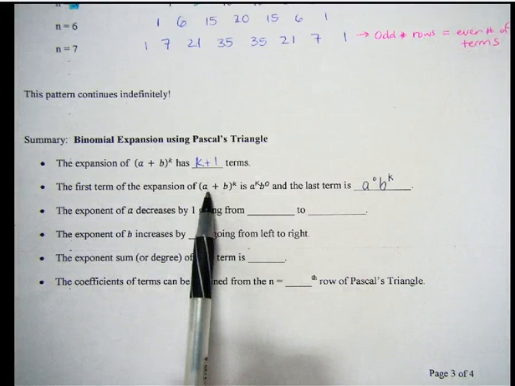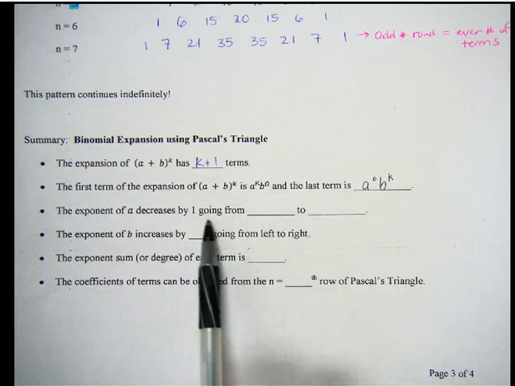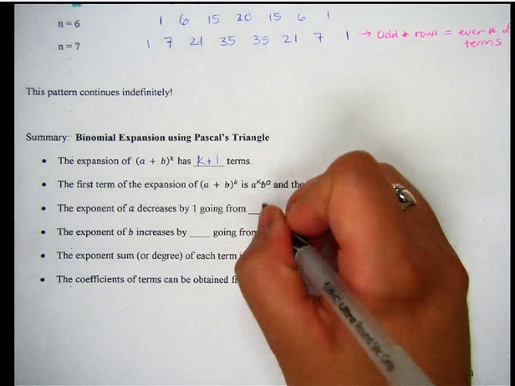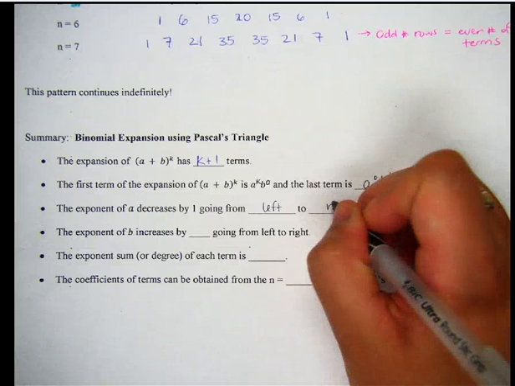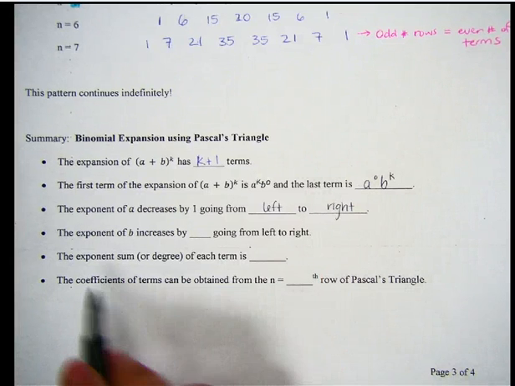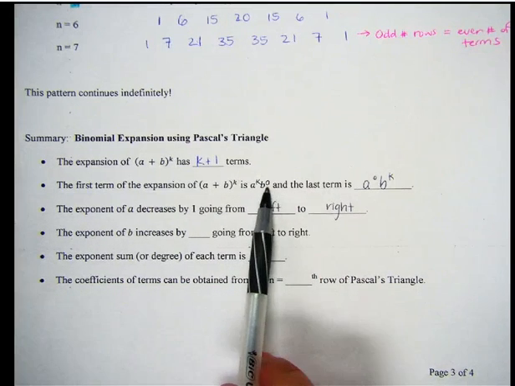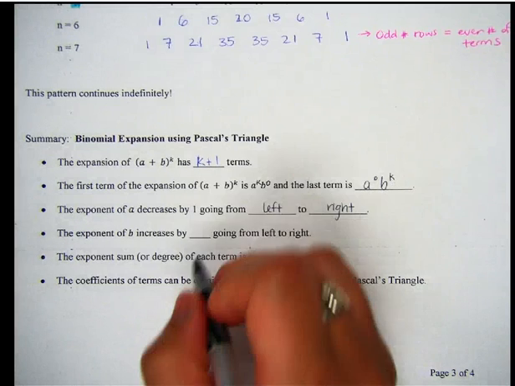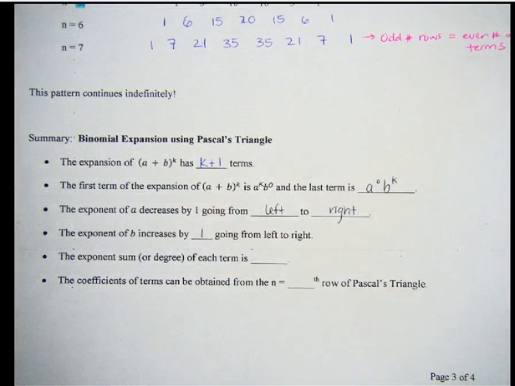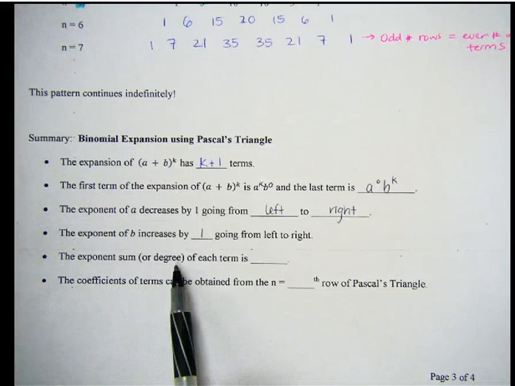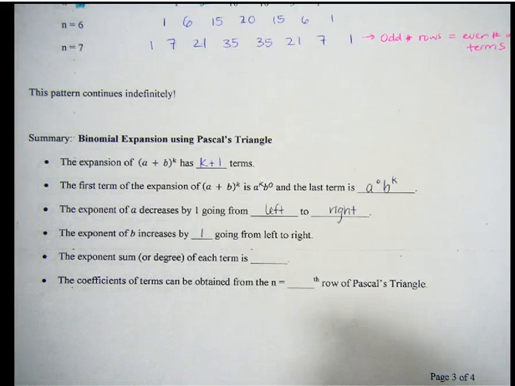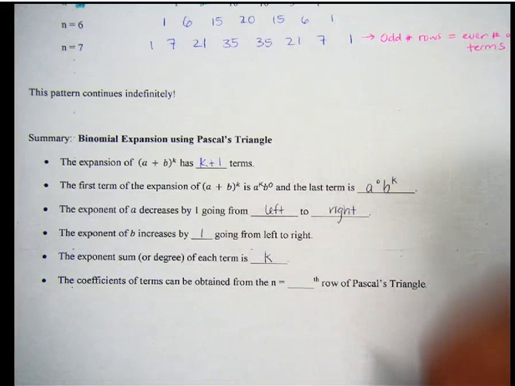The exponent of a is going to start at k, and then it's going to decrease by 1 going from left to right. The exponent of b is going to start at 0, and then it's going to increase by 1 up to k, going from left to right. The exponent sum or degree of each term is going to equal k.